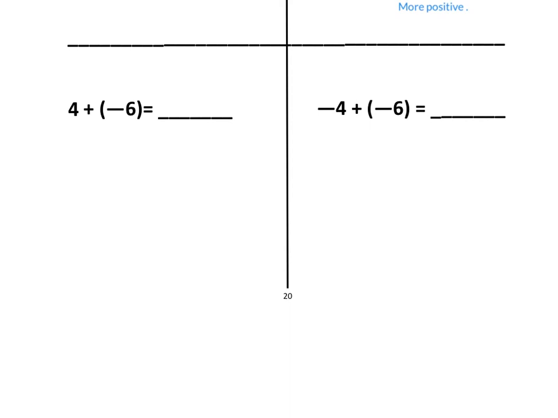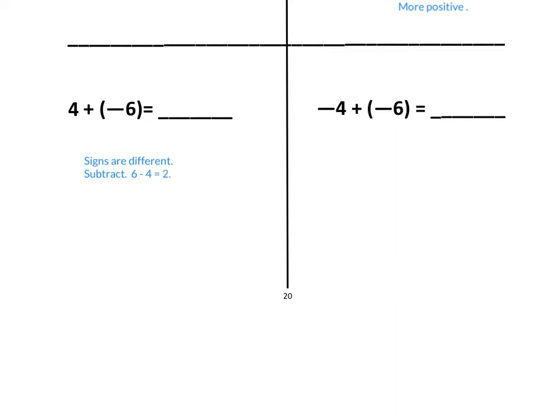4 plus negative 6. Well, we look at it and we say, okay, are our signs the same or different? In this case, the signs are different. So that tells us we're going to have to subtract. So we subtract like we normally would. 6 minus 4 equals 2.